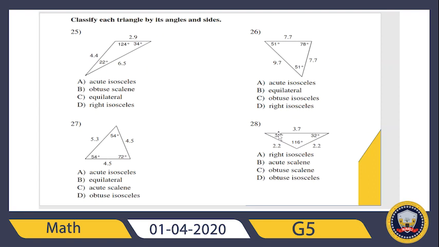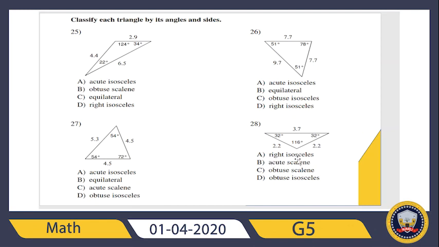The first angle is 32 degrees, the second angle 32 degrees, and the third angle is 116 degrees. That means I have one angle inside this triangle which is greater than 90 degrees. So I can call this triangle, based on the measure of the angles, an obtuse angle triangle. Okay, let's see the choices.